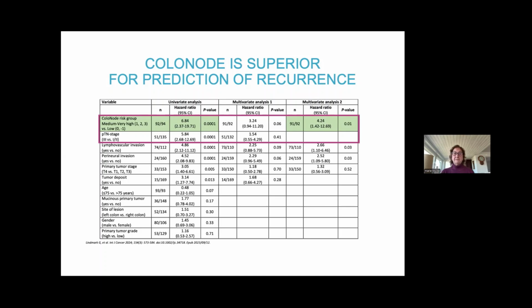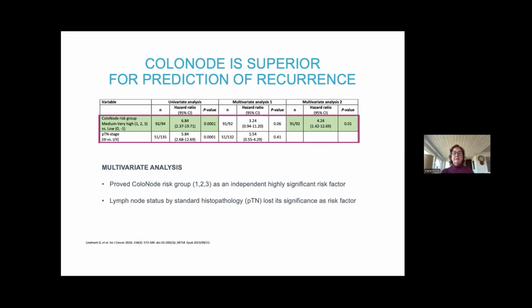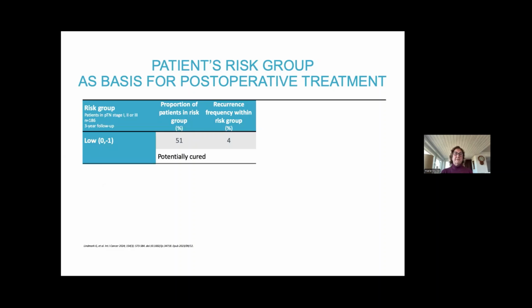So the multivariate analysis proved ColoNode risk groups 1, 2, and 3 to be an independent, highly significant risk factor. Lymph node status by standard histopathology lost its significance as a risk factor in multivariate analysis.